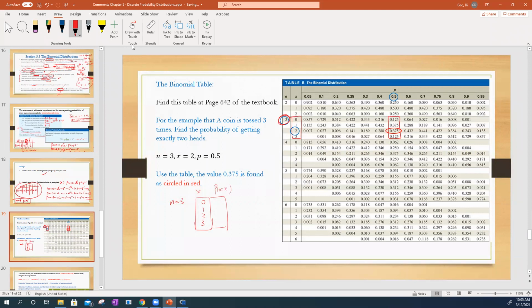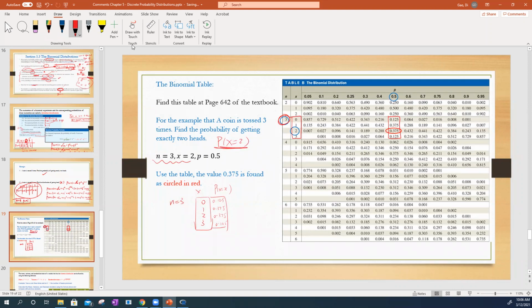With the corresponding probabilities, that is 0.125, 0.375, 0.375, and 0.125. And that is the binomial table. If you want to read, for the example that a coin is tossed 3 times, the probability of getting exactly 2 heads, that is probability of x equals 2.